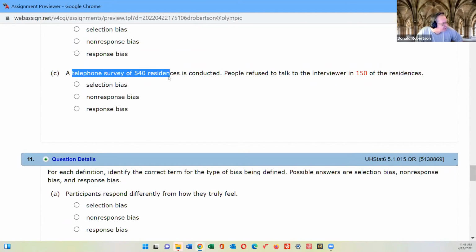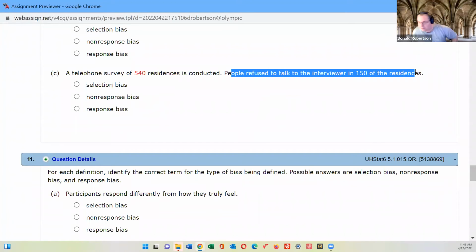Now, a telephone survey of 540 residences is conducted, and 150 of them said, I'm not telling you. Wouldn't that be an example of a non-response bias? When people don't answer your question, it's non-response. A response bias is more connected to the answer they give might not be the truth for various reasons, right?